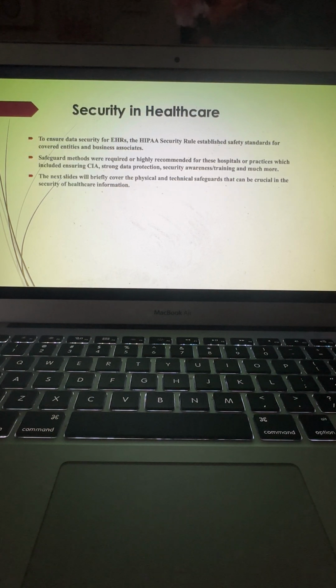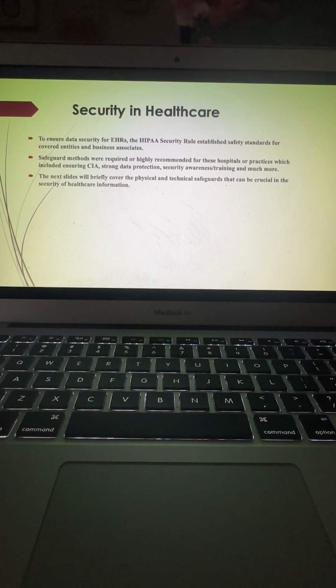Now, when it comes to privacy, you also have to mention security. The HIPAA security rule established safety standards for covered entities and business associates on the security side. Safeguard methods were required or highly recommended for these practices, which included ensuring the CIA triad, strong data protection, internal security awareness and training, and much more.